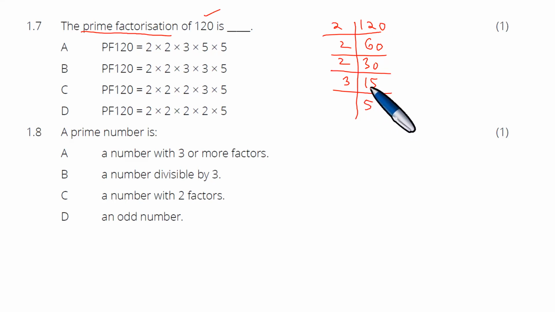Right, and then you divide the number 5 by 5, and you get the result of 1. Right, and so the prime factorization is going to be the product here.